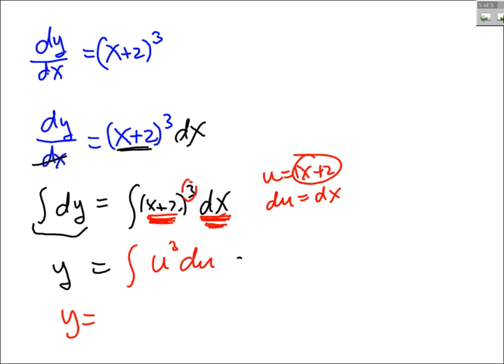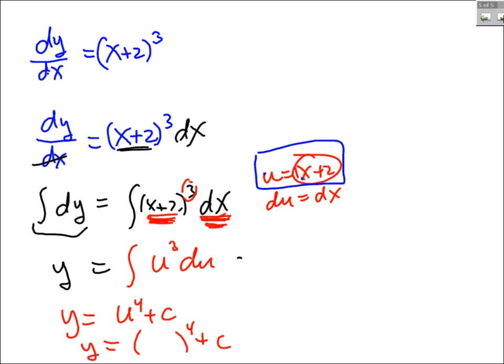So y is equal to u to the 4th plus c. Y is whatever u is to the 4th plus c. And I'm not going to try to remember what u is. I'm going to read it. Oh, u is x plus 2. There's your answer.